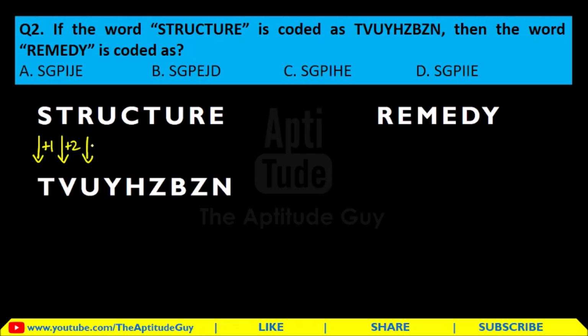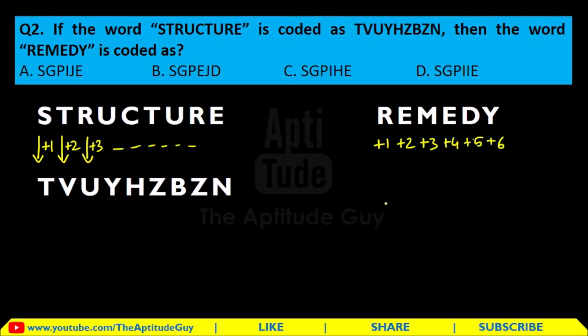Then we have R to U: R, S, T, U. So this is +3. And so on and so forth. So the key over here is +1, +2, +3 and so on. So the same thing has to be applied to remedy. So we have +1, +2, +3, +4, +5 and +6.